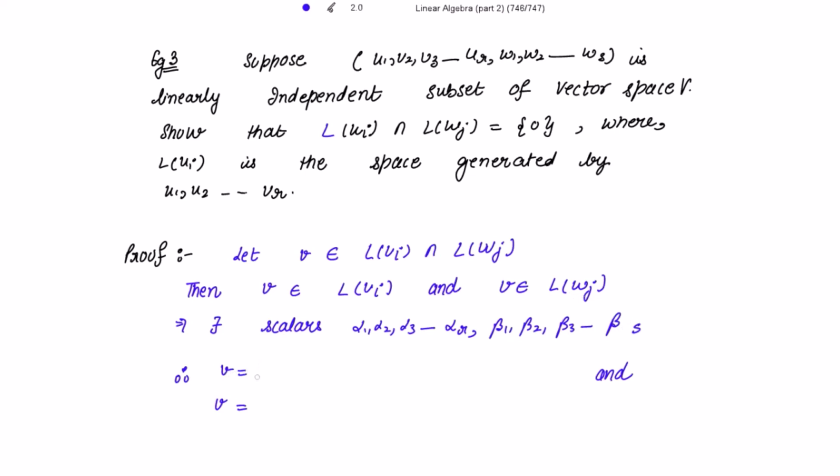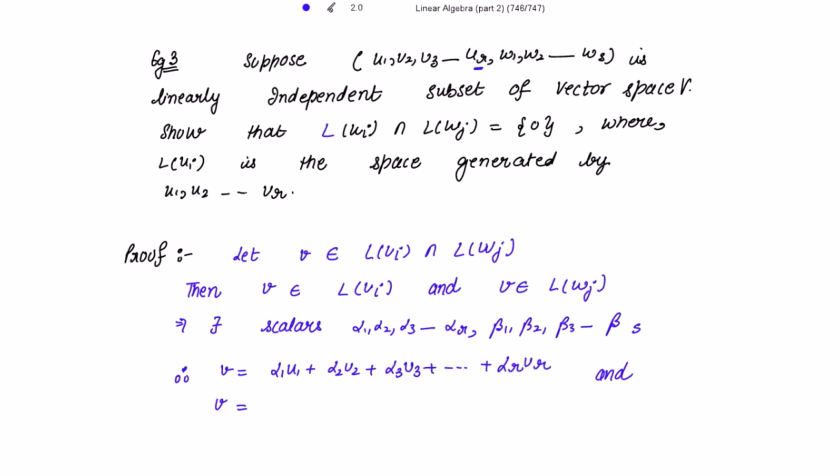So V is equal to alpha 1 U1 plus alpha 2 U2 plus alpha 3 U3 and so on up to alpha R UR, because it is R in number.